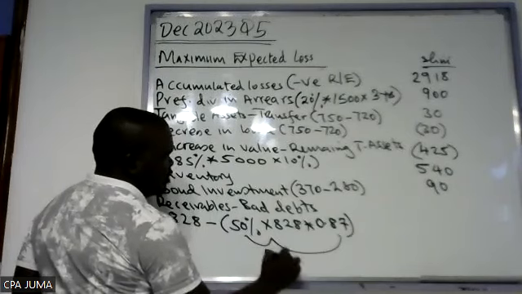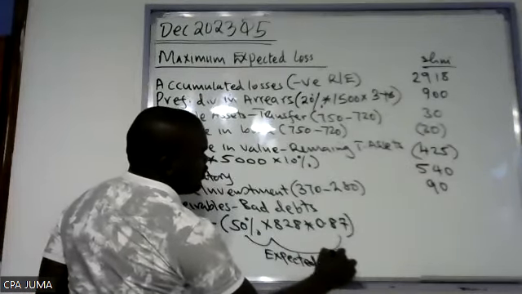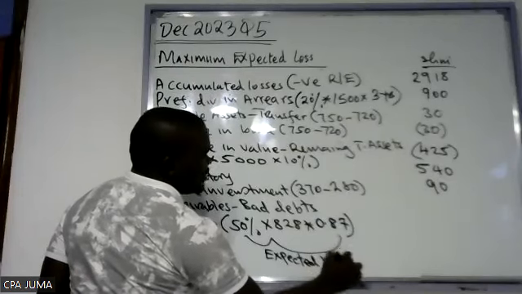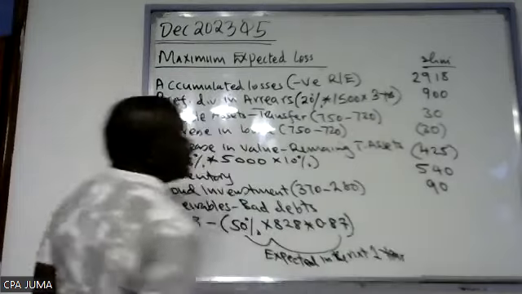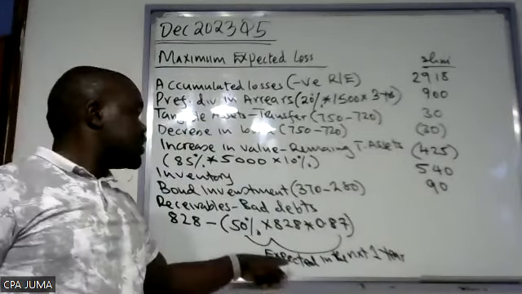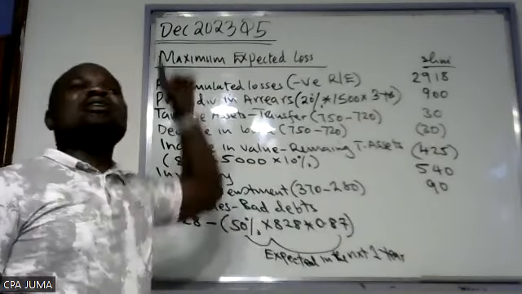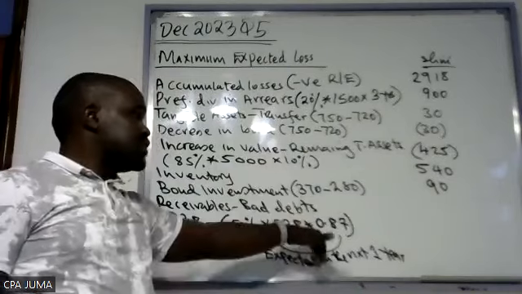So expected in the next 1 year. So for that customer, from our debt of 828, we only expect to receive a half, but in the next 1 year. For now, you have to discount this to present.